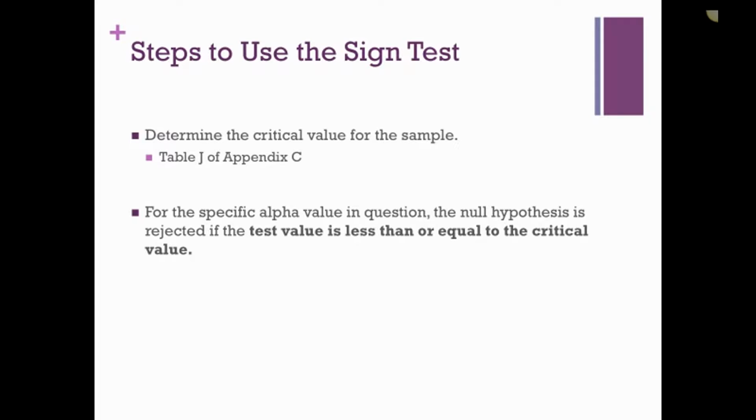So once you've determined your test value and your critical value, you have to decide whether or not your null hypothesis is accepted or rejected based on the data that you were given. And so for the specific alpha value or for the specific significance in question, your null hypothesis is going to be rejected if the test value that you have found for your sample is less than or equal to your critical value.